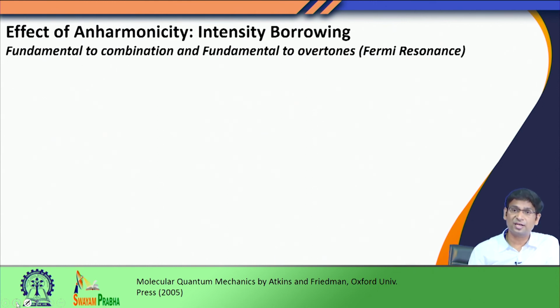This is an effect of mechanical anharmonicity, not electrical anharmonicity. Electrical anharmonicity comes when you allow the higher order electric dipole moment terms. That is how we get the overtones and the combination bands, because we have allowed the second order terms. Mechanical anharmonicity causes this intensity borrowing.